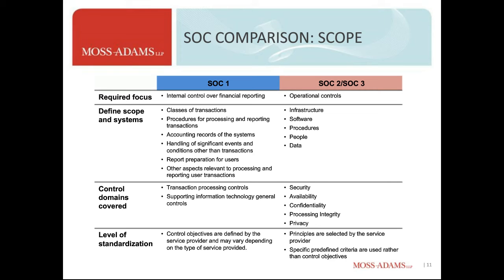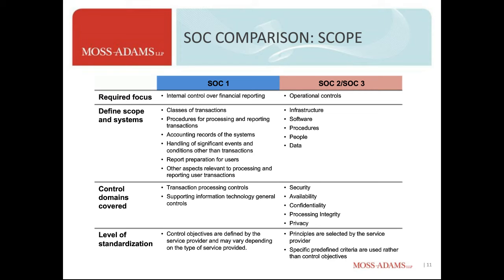That's in contrast with the SOC 2 and SOC 3, which have a defined scope of the system that is going to be covered, and it's going to largely be driven by the infrastructure, software. It's more procedural in nature, the people involved, and the data. So think of the SOC 1 as more of your processing and business process type controls, and the SOC 2 and 3 as more of your underlying IT environment.